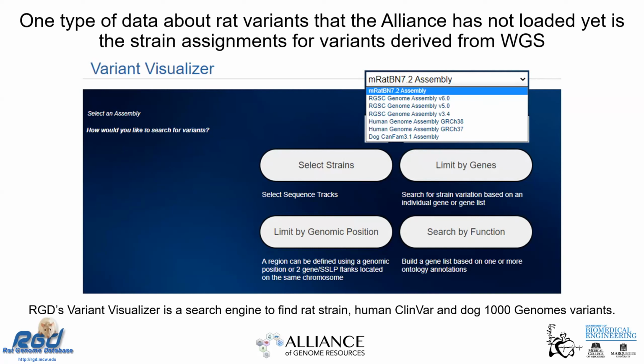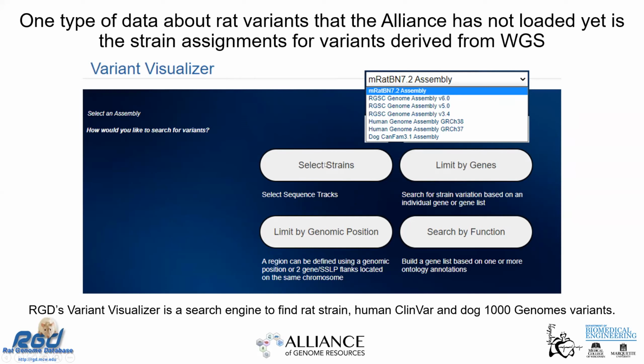And I'm not going to have really time to go through this in detail, but I will mention that our variant visualizer is a search engine to find rat strain, human ClinVar variants, rat strain variants across 4 assemblies, ClinVar variants across 2 assemblies, and we're in the process of loading GWAS variants into this as well, and then variants from the Dog 1000 Genomes project.